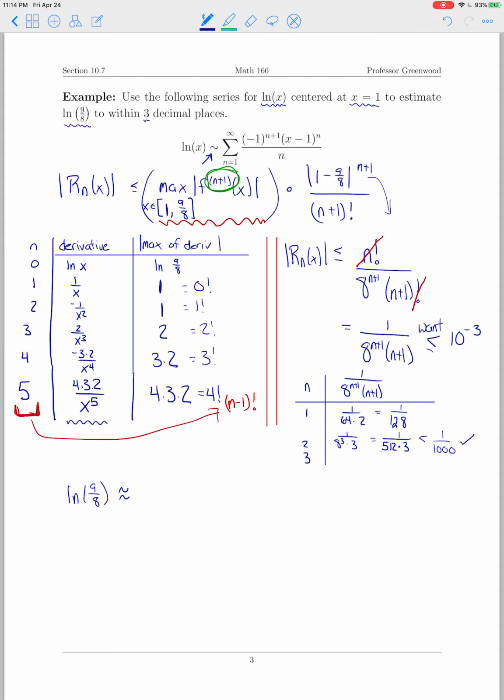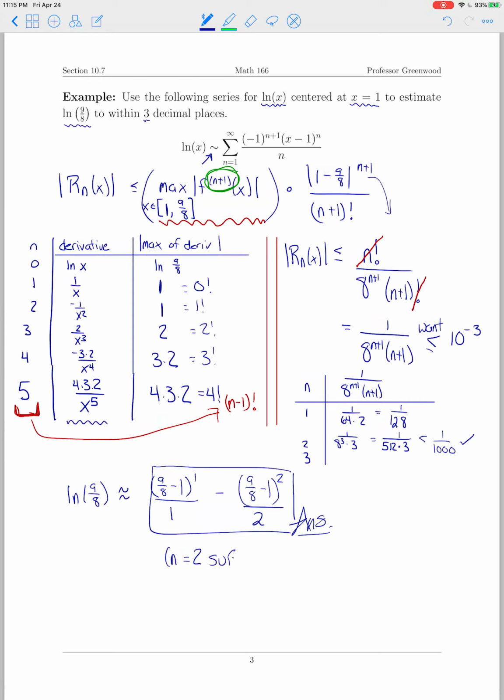And so that should be 9/8 minus 1 to the 1 over 1 minus a 9/8 minus 1 squared over 2. And you could simplify this and get what that value is, but this should be within 3 decimal places of the natural log of 9/8. And so my conclusion here then was that n equals 2 suffices for 3 digits.